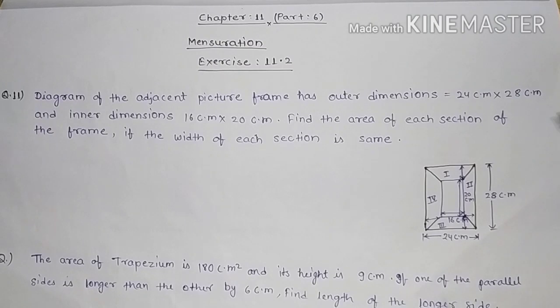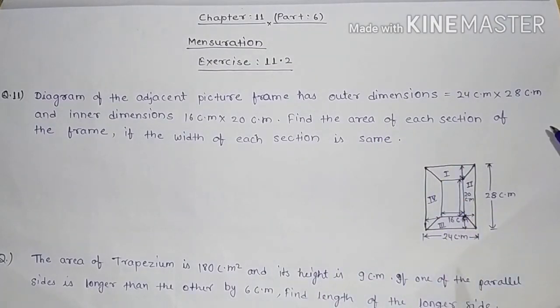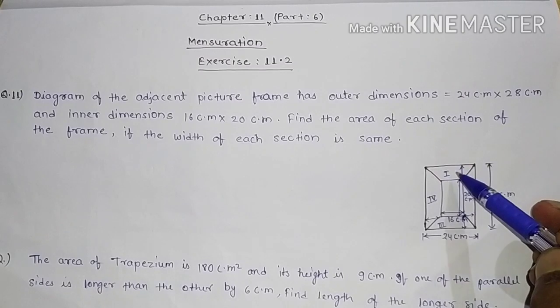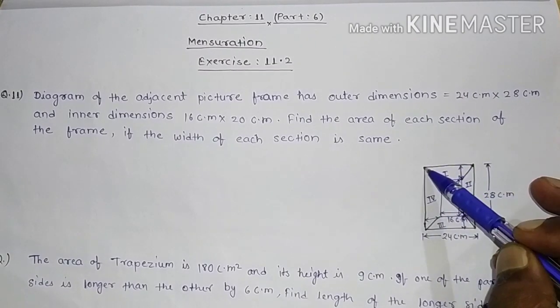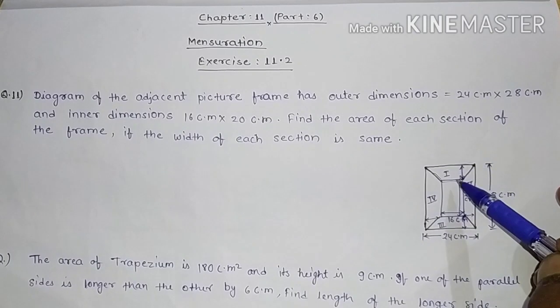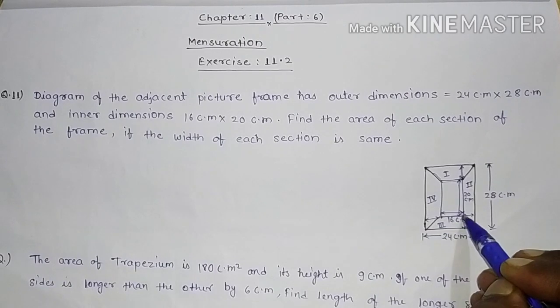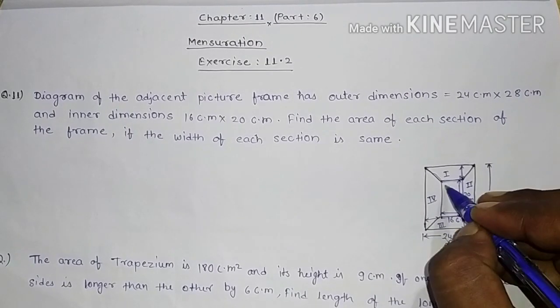Now what we have to do, we have to find the area of each section. So simply, students please see here, for section 1, this section is in the shape of a trapezium as shown in the figure, and this side is given as 16 centimeter, so this will also be 16 centimeter.